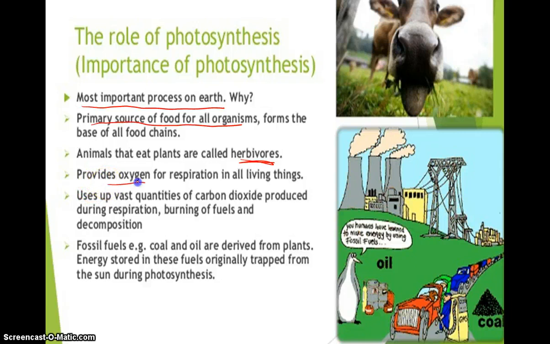Plants also provide oxygen for us. This process of photosynthesis results in the release of oxygen so that many organisms can breathe in oxygen. It also uses carbon dioxide, because remember, that's one of the things needed to do photosynthesis.